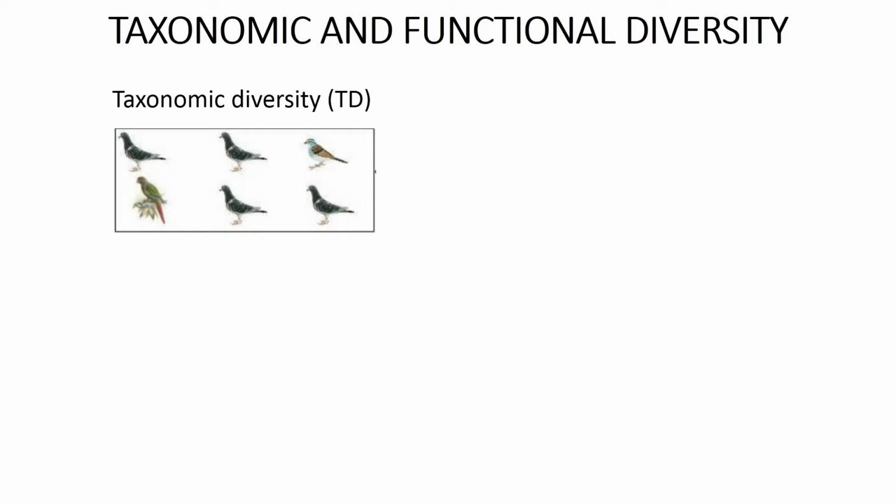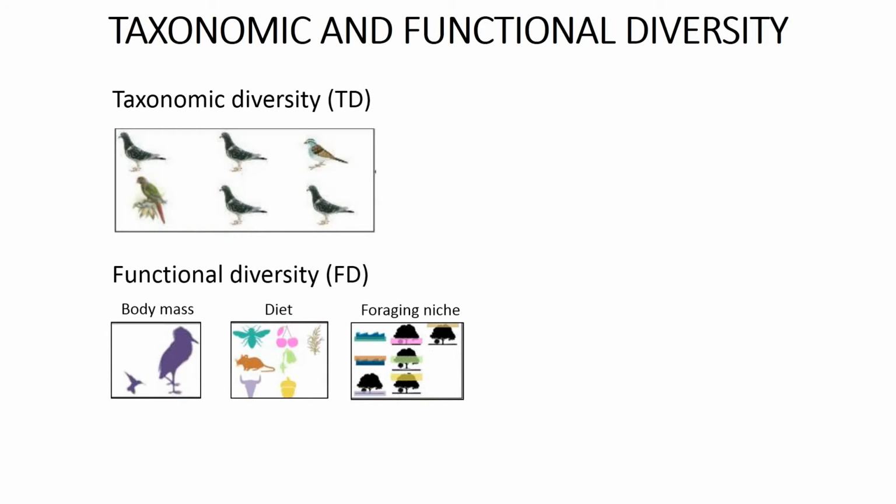Taxonomic diversity is defined as how many species are in a sampling unit. Functional diversity is determined by how many functions the species in a sampling unit perform.